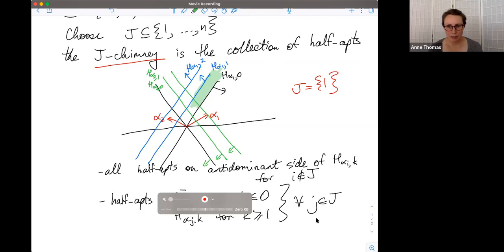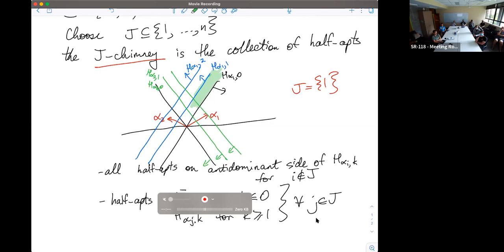I find this paper hard to read, so we decided not to exactly adopt their approach, and they're also doing general buildings, and we're just doing affine, where you've got some additional language available to make it easier to say what is happening. So yeah, a chimney does correspond to a point in the Petra-Schwer bordification or compactification.